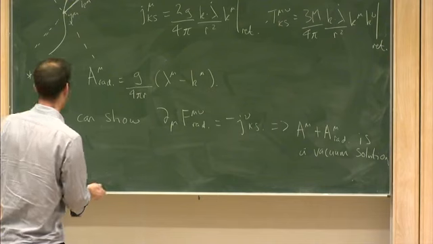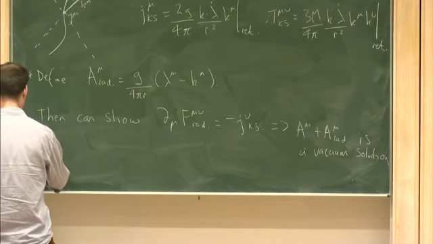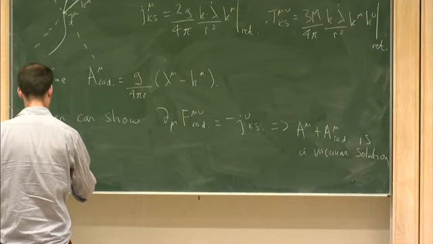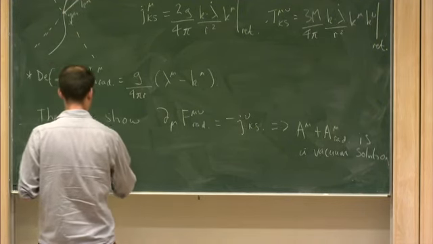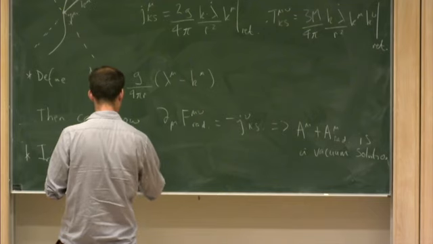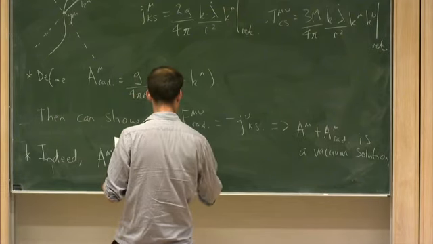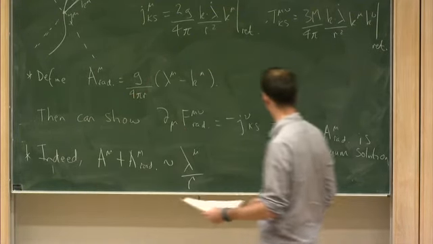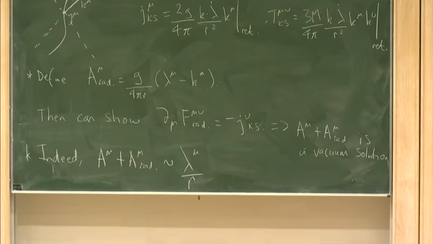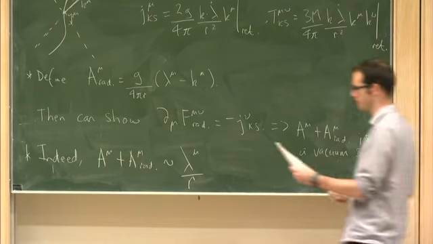And in fact, if you ask what actually is the sum of them, then A mu, the Kerr-Schild bit, plus the radiative bit, is proportional to lambda mu over r, which for those that recognize their electromagnetism is the Liénard-Wiechert potential.